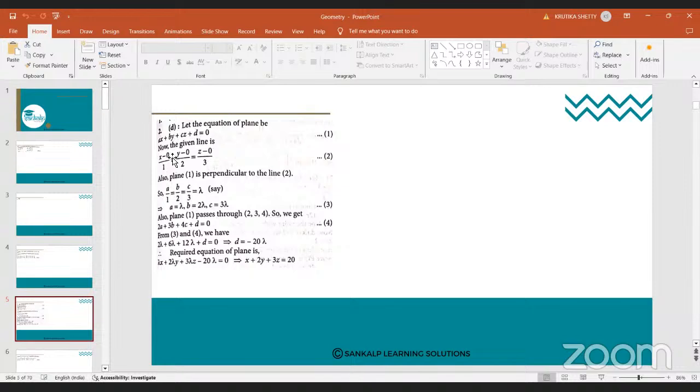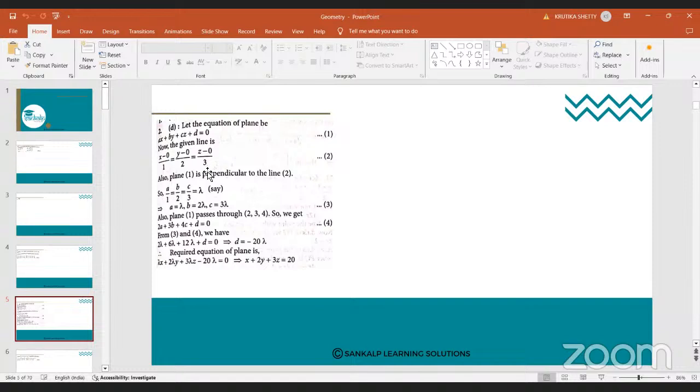Then the equation of the line is already given in the question: x/1 = y/2 = z/3. We can write it in general form as (x minus 0)/1 = (y minus 0)/2 = (z minus 0)/3.